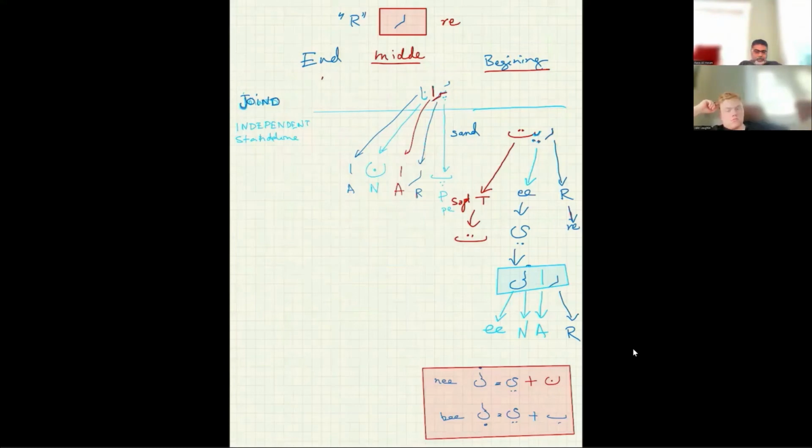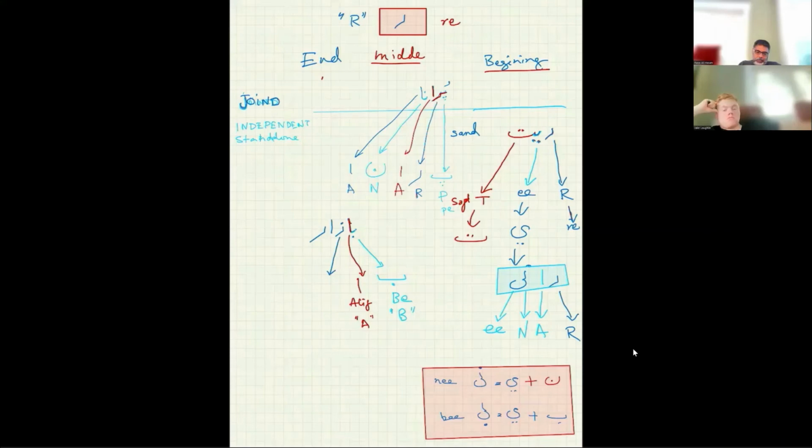Our first example is Bazaar. Be, Aleph, Ze, Aleph, Re. Bazaar. We got the B here, standalone form. We call it Be or the English B. Then we have the Aleph again, we call that Aleph in Urdu. This is our English A. This is our Z sound.